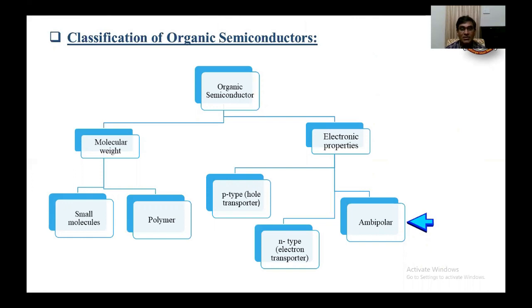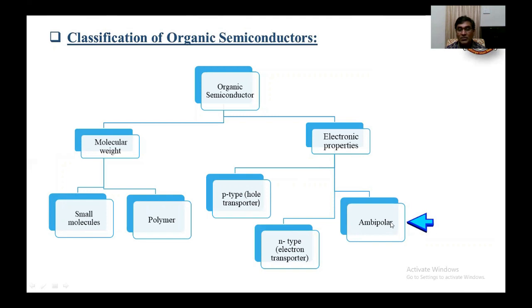On the basis of molecular weight, they are categorized into small molecules and polymers, that is, large molecules. And on the basis of electronic properties, they are categorized as p-type or hole transporting material, n-type or electron transporter, and ambipolar, which can transport both the charges, holes as well as electrons.